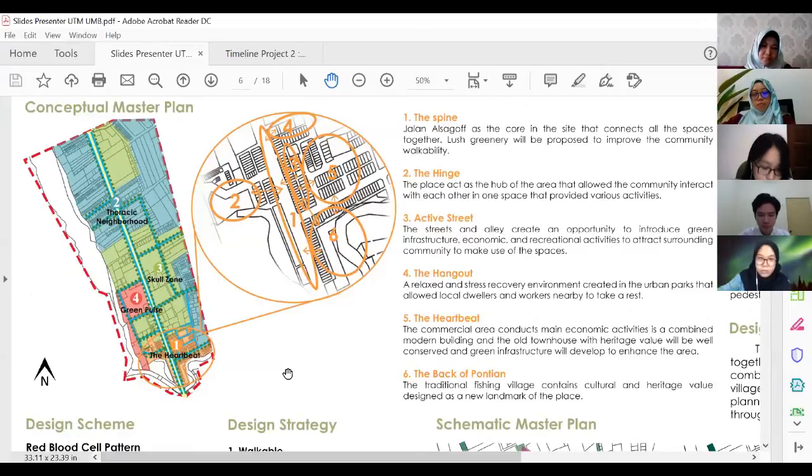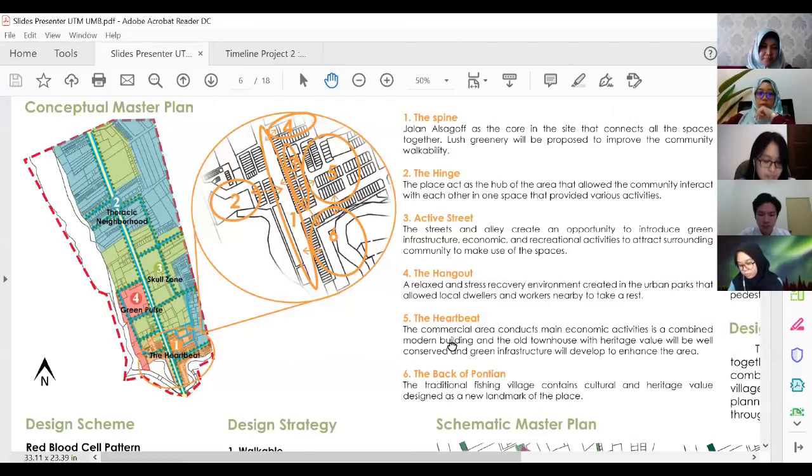It is mainly focused on commerce and is important in Pontian Besar to support the community's daily living. It is an active place, just like a heartbeat that makes the city and the community come alive, and it offers a host of integrated activities that will bring all the community together.